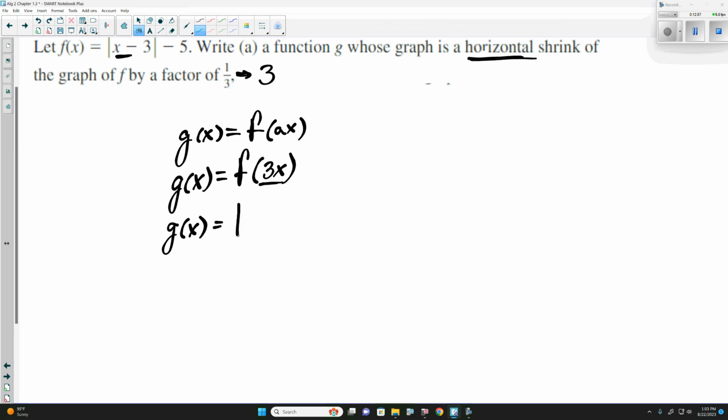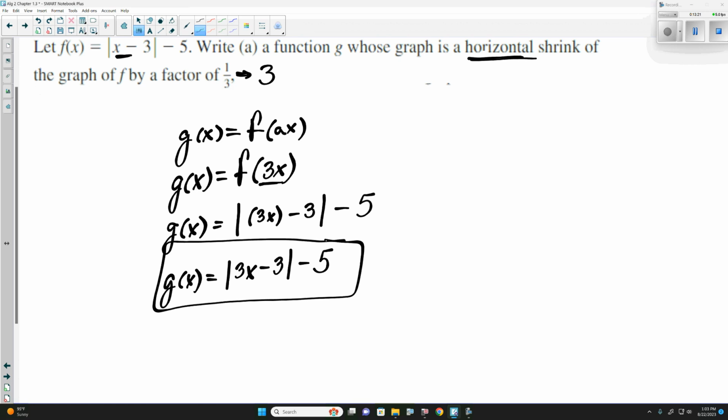So we still have the absolute value, but instead of having x first, we now have 3x minus 3 minus 5. Now we don't necessarily need to keep the parentheses around the 3x. So we can drop them, giving us this here. The absolute value of 3x minus 3 minus 5.